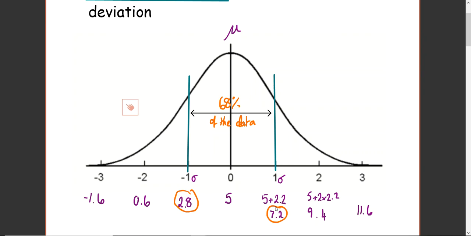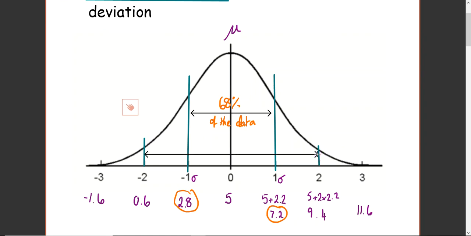Make sense? Okay. Then the next one, so I've got even further away from the mean. This is within 2 standard deviations.